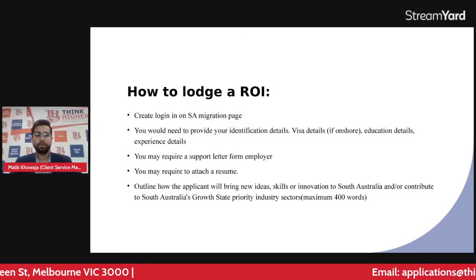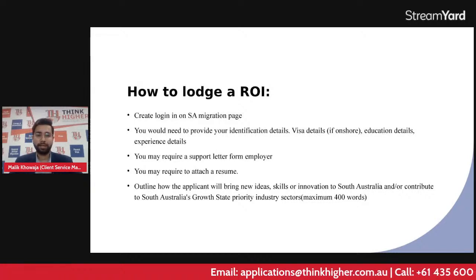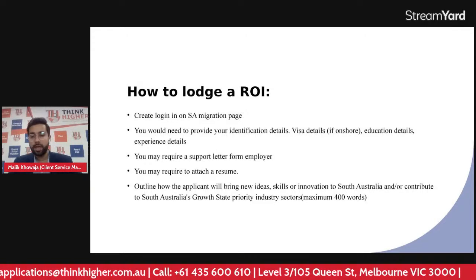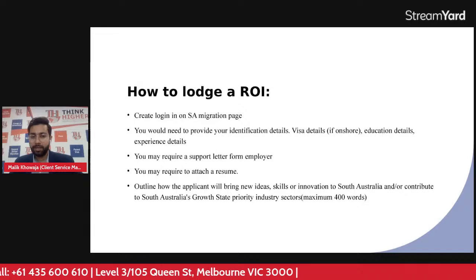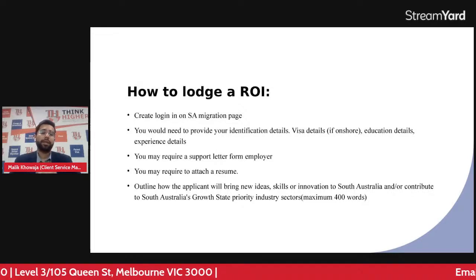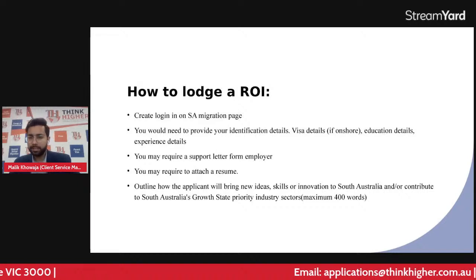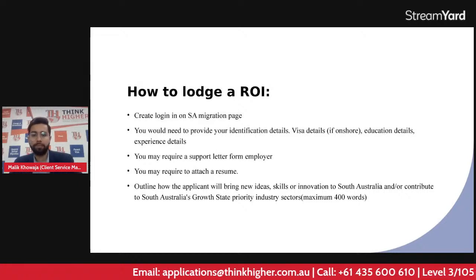In the expression of interest, you need to make sure the state you select to apply is South Australia. Just make sure the right subclass is added and the right state has been selected. Third, you would require your identification details and your visa details, if you're onshore. If you're offshore, obviously you won't have visa details.